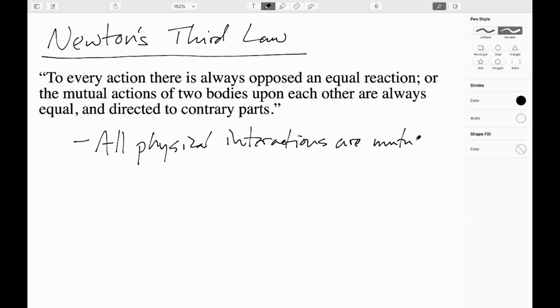And also, more to the point, you can't have a one-sided interaction. It's always two objects interacting with each other. So object A can't exert a force on object B unless object B is also exerting a force on object A.